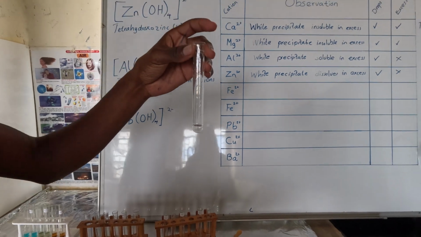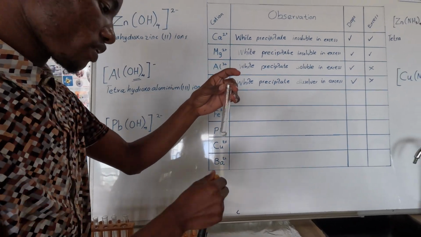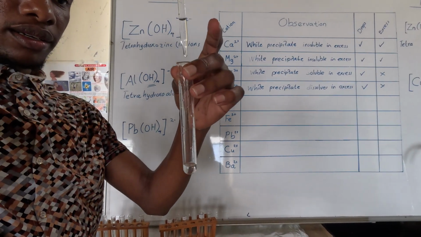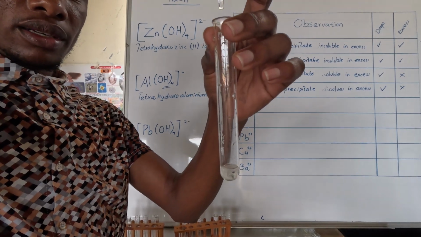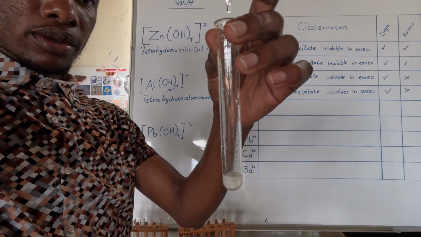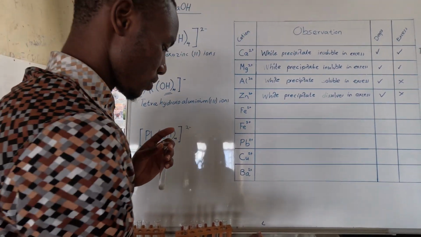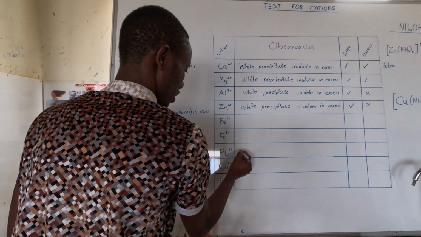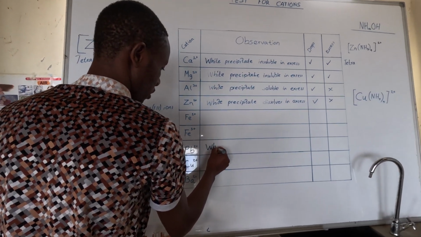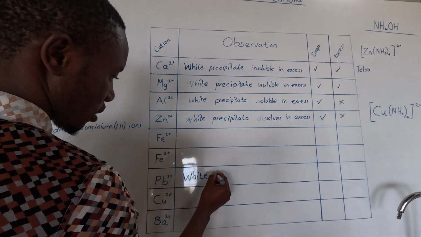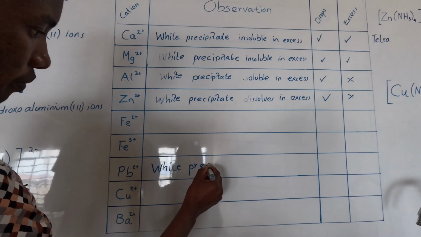We're going to add a few drops of sodium hydroxide. A few drops. There is a white precipitate. So I'm going to write white precipitate.